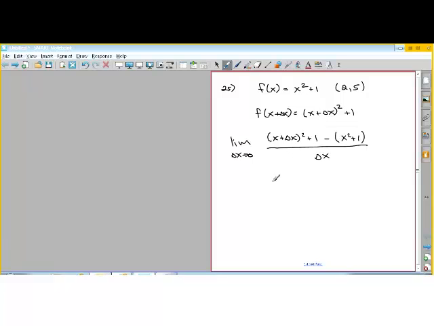So we multiply everything out. You'll use FOIL, so you get x squared plus 2x delta x plus delta x squared. So that's what we get from FOIL. We get 3 terms. Add 1. And then we have minus the quantity x squared plus 1, all divided by delta x.